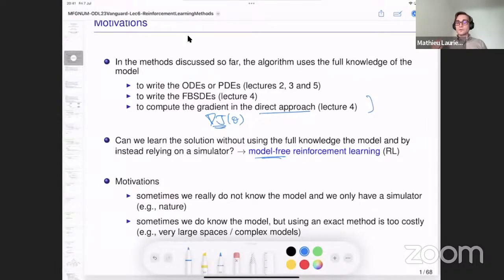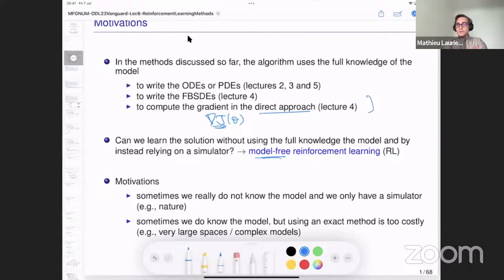Another motivation is that maybe I know the model, but the model is extremely complex, maybe in extremely high dimension, and then it is not efficient to use exact methods as I have described before. For example, if your model is so complicated that the PDE will be extremely difficult to solve, maybe you don't actually need to solve the full PDE.